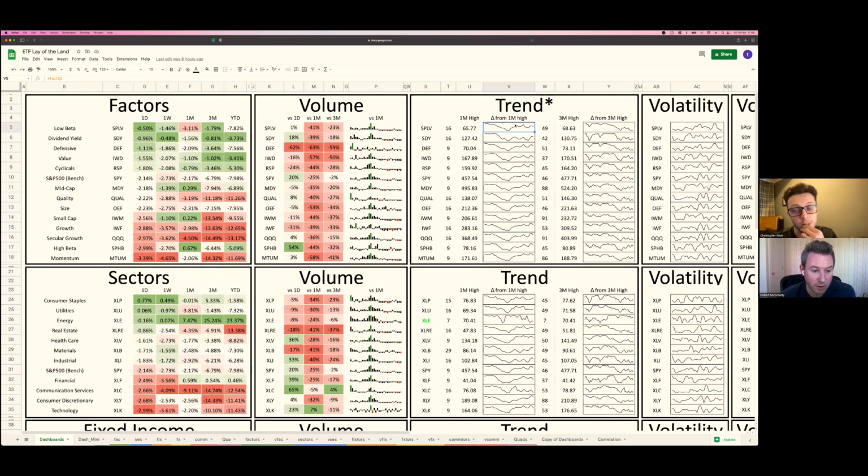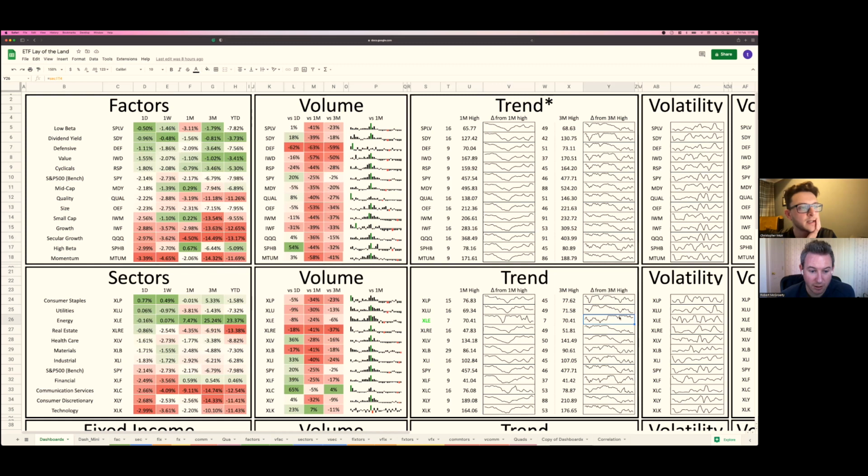Whereas XLE right now looks like it's at the bottom of its trend range. But then you can see on 3 months it's relatively plateaued, pretty steady on a 3 month basis.